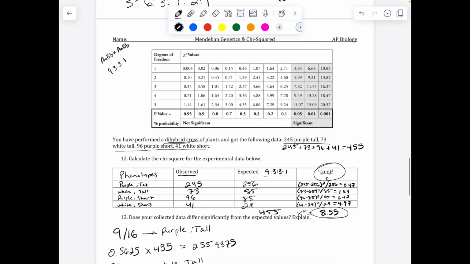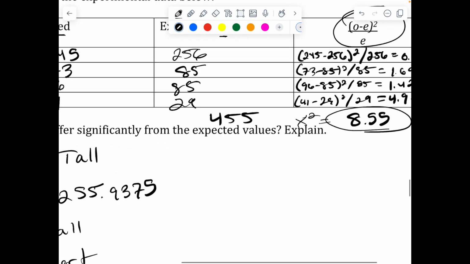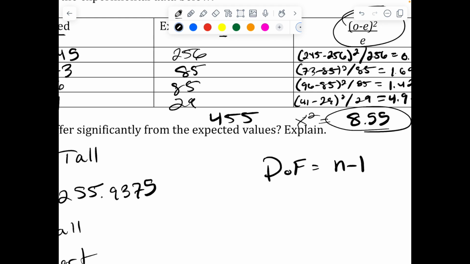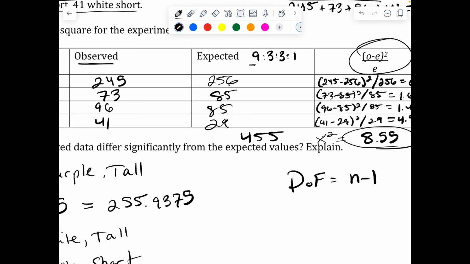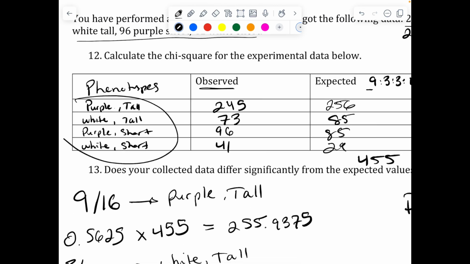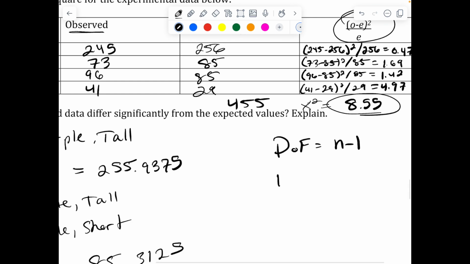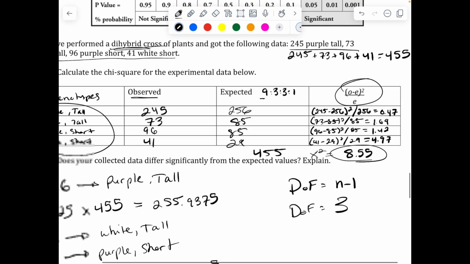So first I have to find degrees of freedom. The degrees of freedom equals n minus 1, which is the number of outcomes, minus 1. We have 4 possible outcomes of phenotypes. So our degrees of freedom equals 3.